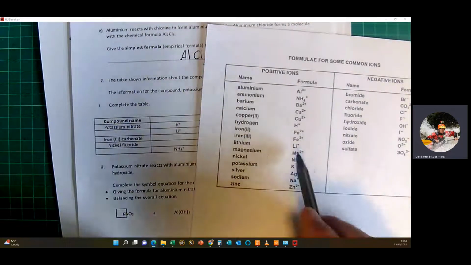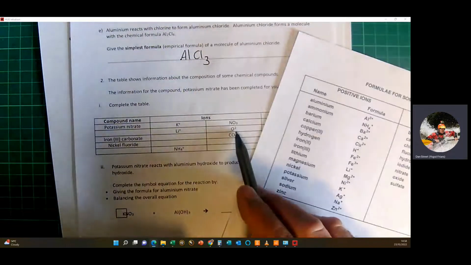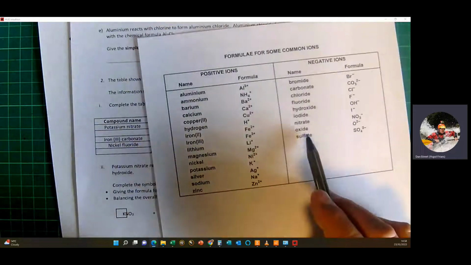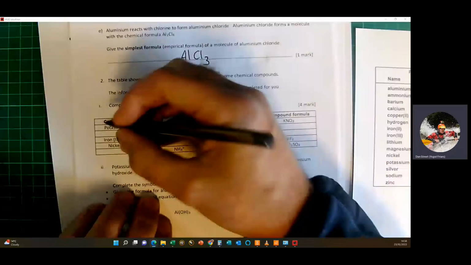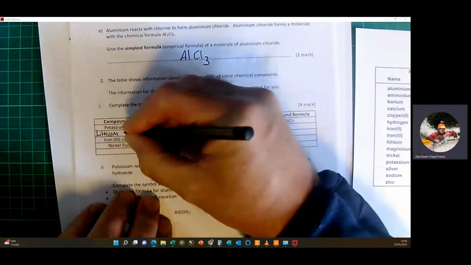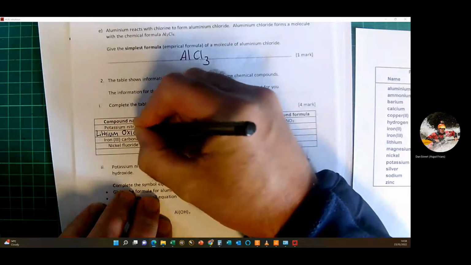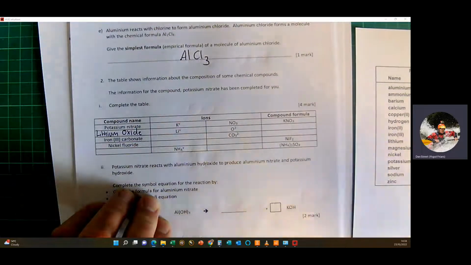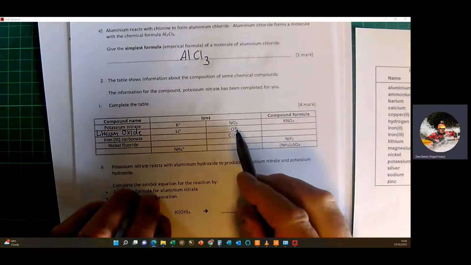So Li is lithium and O2 minus is oxide. Okay, so you can use that information to name the compound. So lithium oxide. And then the second thing you need to do, the second skill you have to be able to show, is that you can work out the formula.